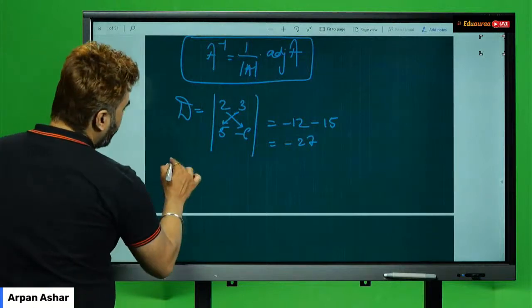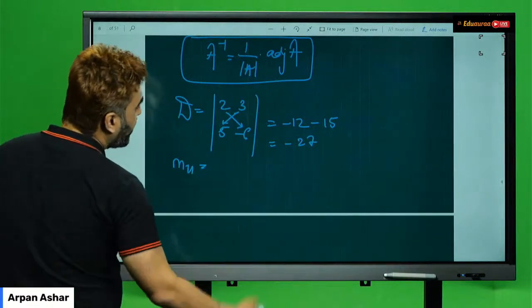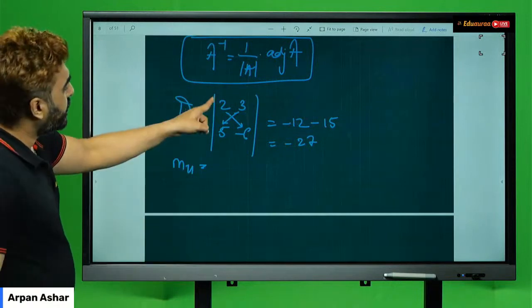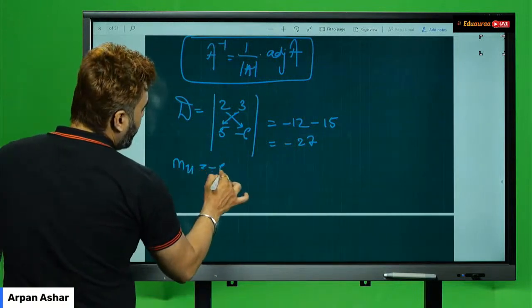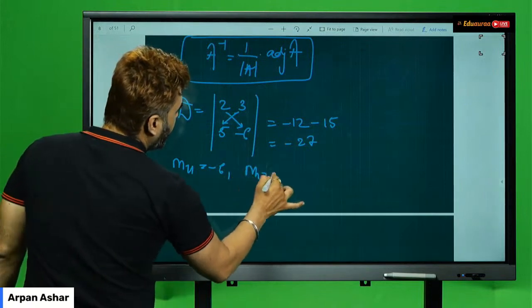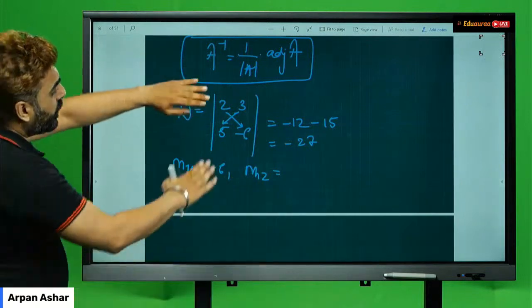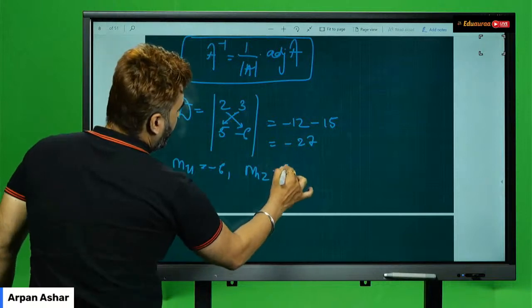So minors find करने के लिए हम क्या करेंगे? M11 क्या था? M11, consider this element, remove the row and column. So M11 is -6, M12 क्या मिलेगा? Remove this row and column, 5.